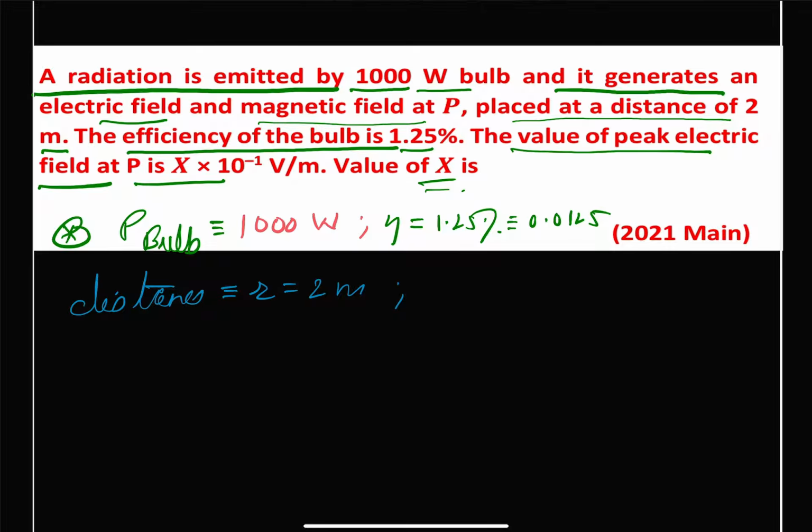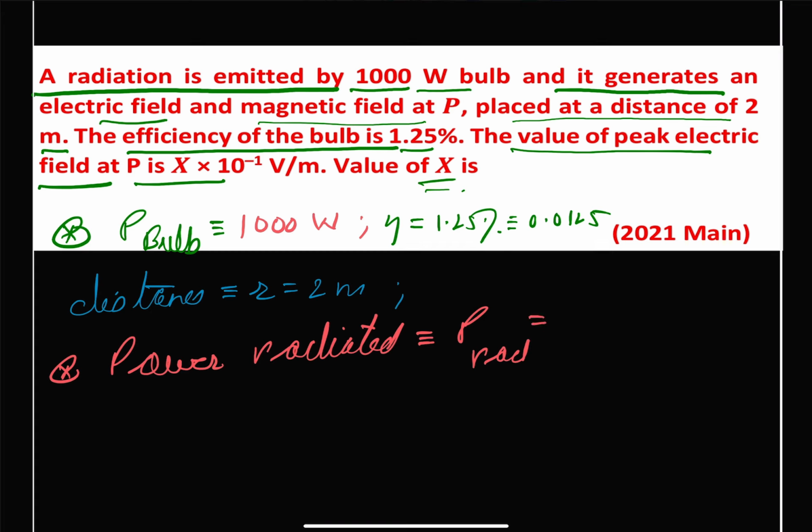So first of all, we are going to find out the radiated power. So you can say our power radiated, let us call this P rad, which will be equal to our efficiency multiplied by the power of the bulb.